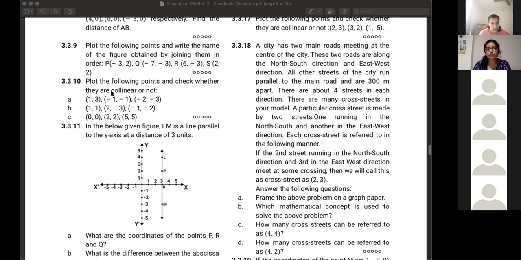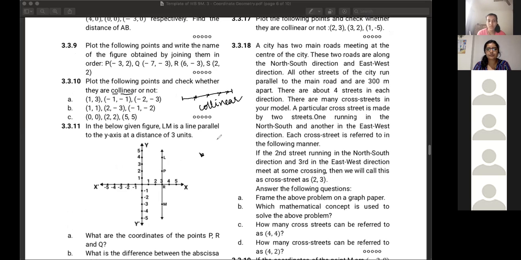Do you guys know what is the meaning of the word collinear? No, ma'am. No? Okay. So collinear means co-linear. If all these points are on the same line, then they are called collinear.